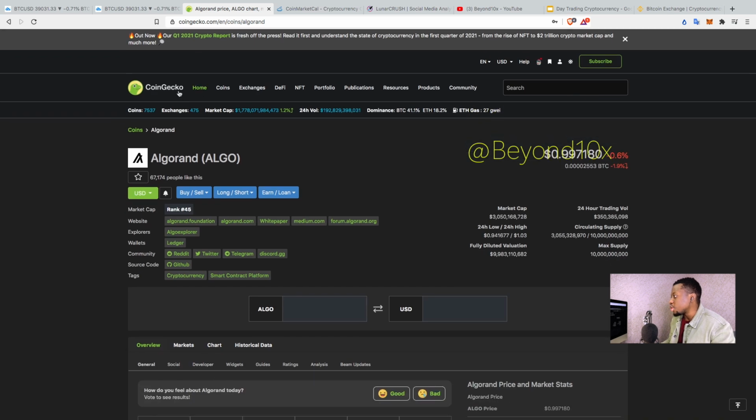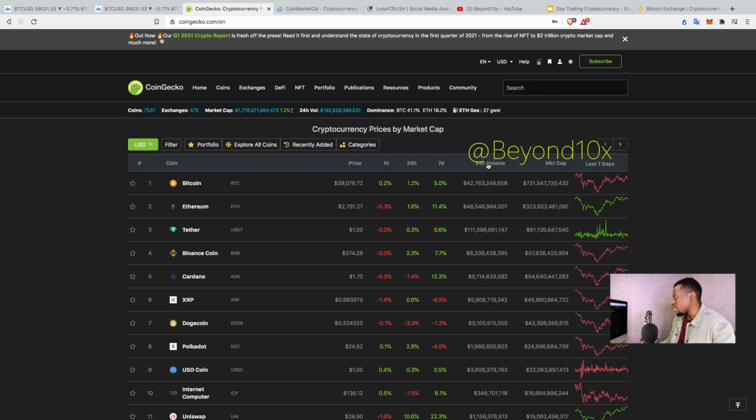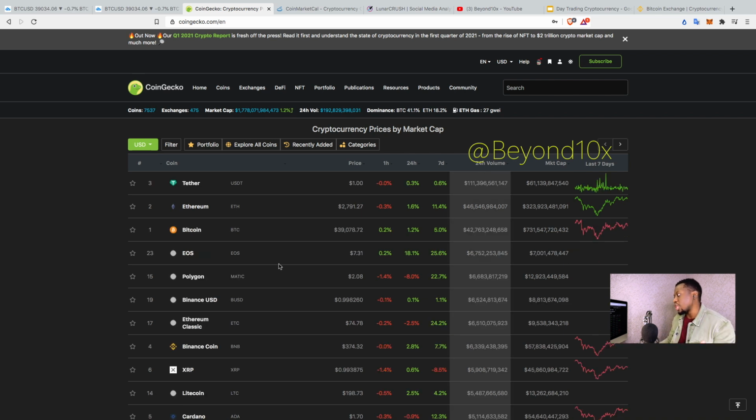If we go back to coingecko.com, EOS in terms of the 24-hour volume, if you click on this particular area, it's going to rank these cryptocurrencies according to their volume, from the highest to the lowest, or the lowest to the highest. EOS is occupying the 4th place in terms of volume, and it has done very well.